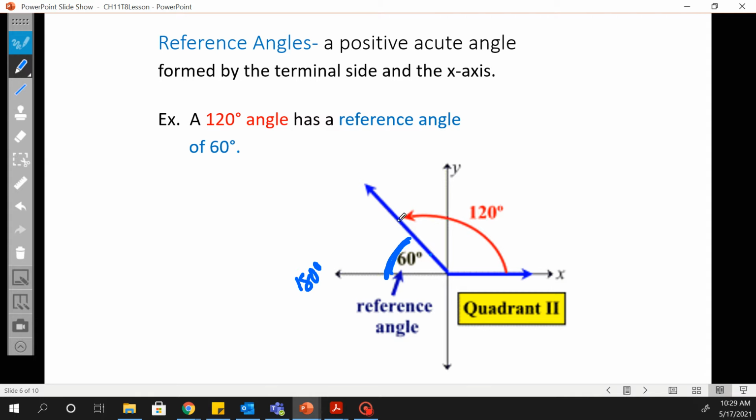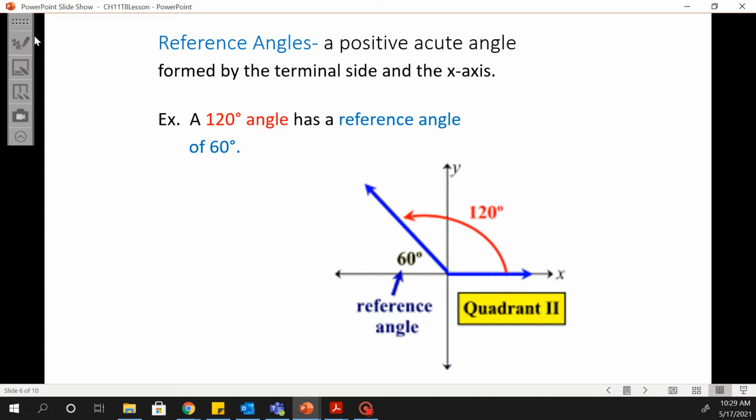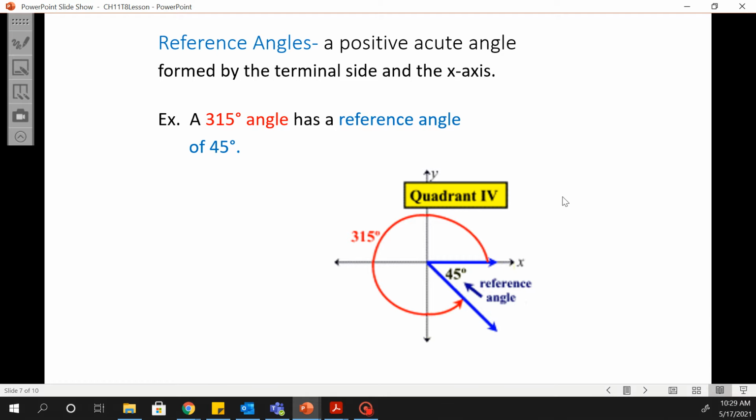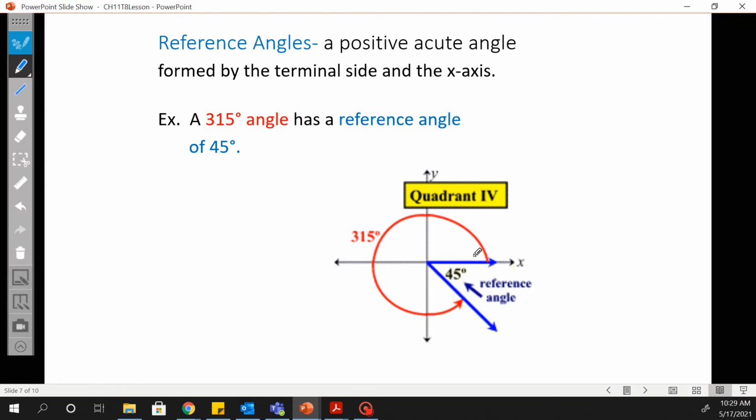So 120, there's still 60 left to get to 180. A 315 degree angle goes to about here, then the angle between the terminal side and the x-axis would be 45 degrees, because continuing from 315 to 360 would be 45 degrees.